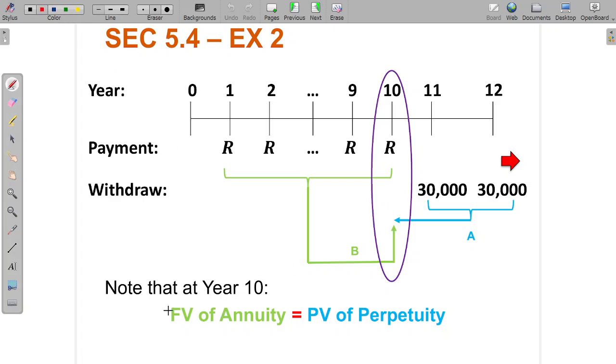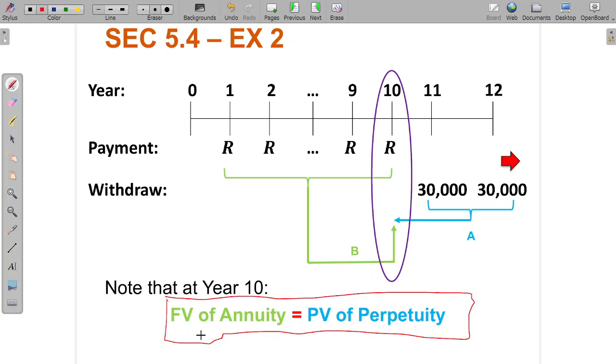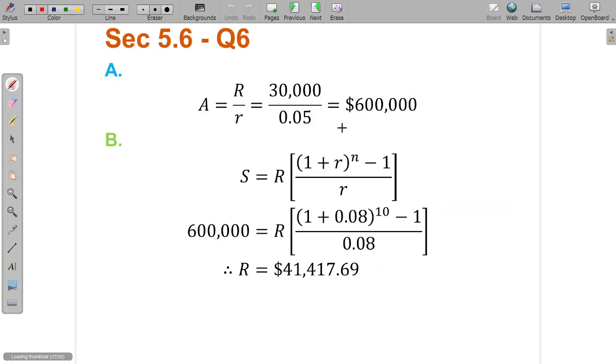We are going to be solving for the future value of the annuity, and we are going to equate it to the present value of the perpetuity. The future value of the annuity will be equated to the present value of the perpetuity. Then we can put each of the values there and solve for it.